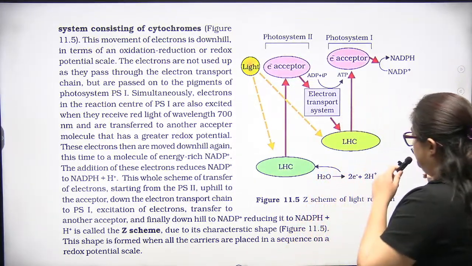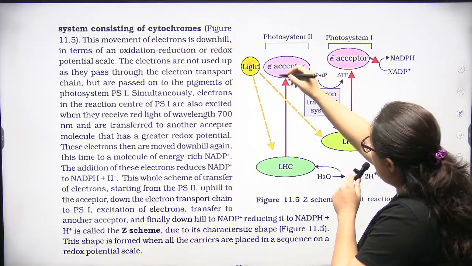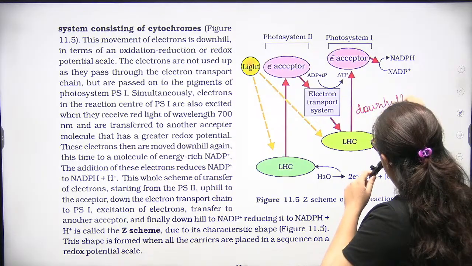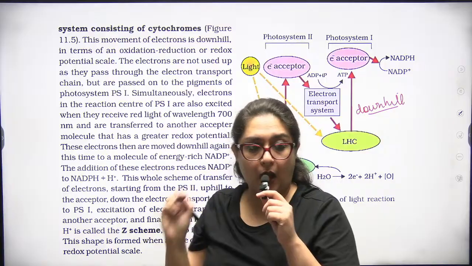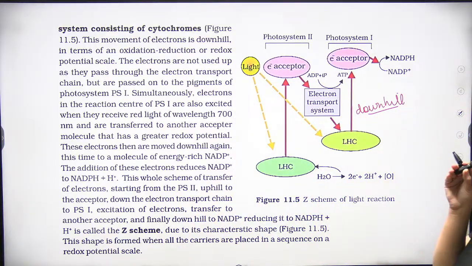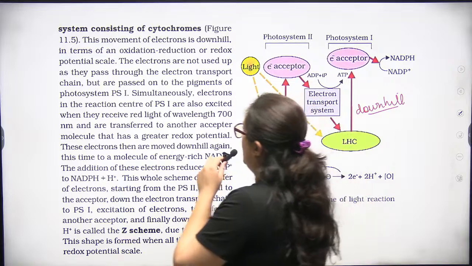Now, the movement of electrons is always downhill. Now the electrons are not used up as they pass through the electron transport chain, but are passed on to the pigments of photosystem 1.